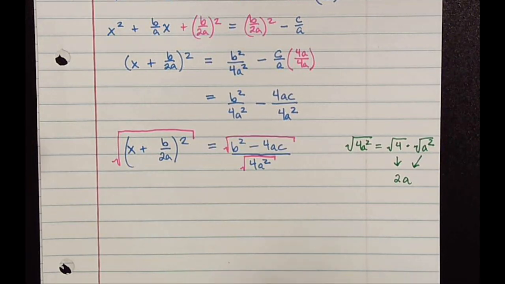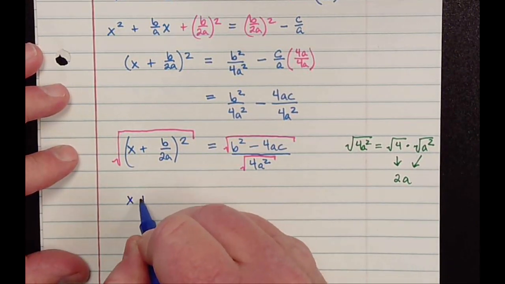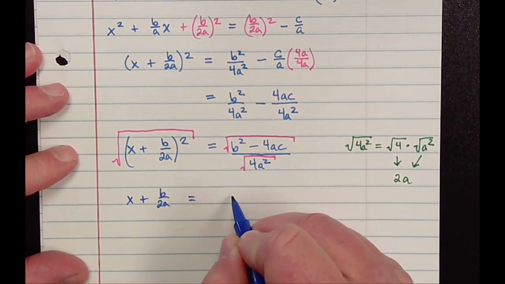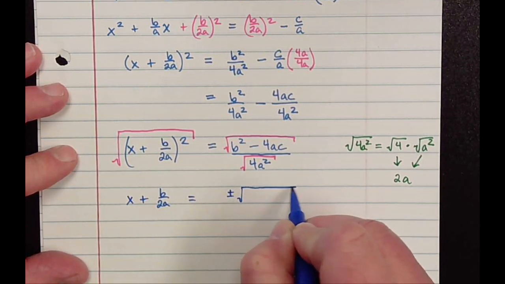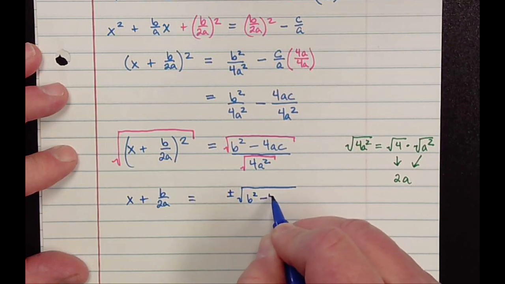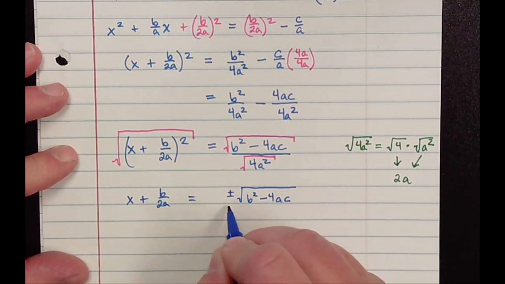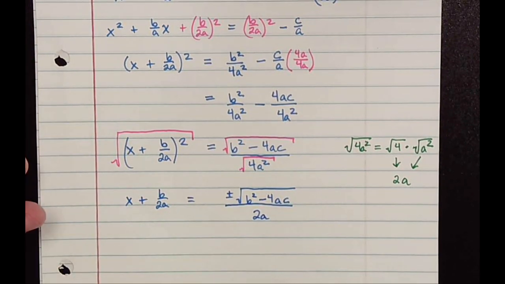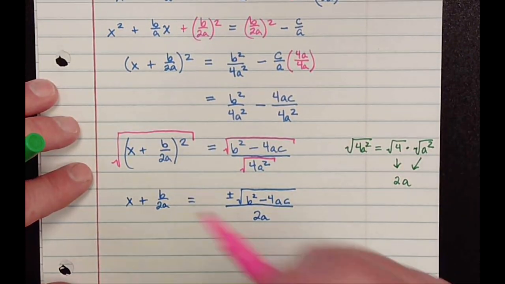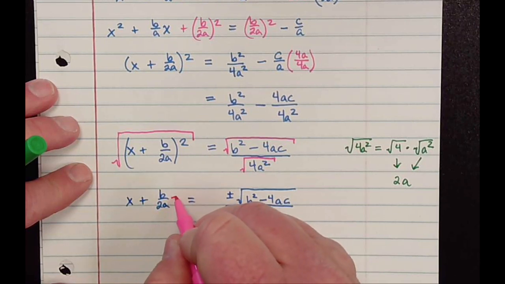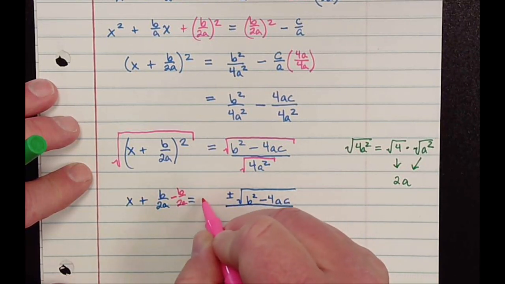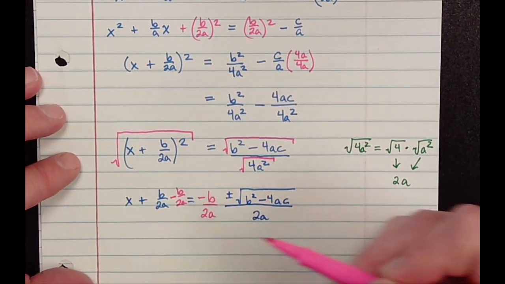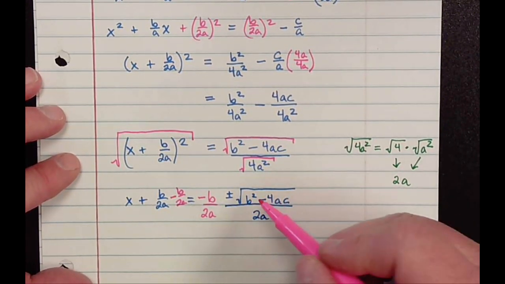And so this leaves us with x plus b over 2a is equal to plus or minus the square root of b squared minus 4ac, divided by 2a. Next we're going to subtract b over 2a from both sides. So we have negative b over 2a plus or minus the square root of b squared minus 4ac over 2a.